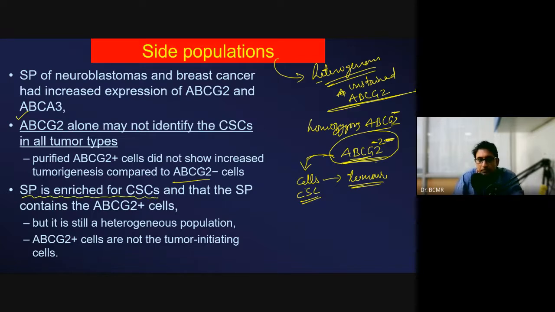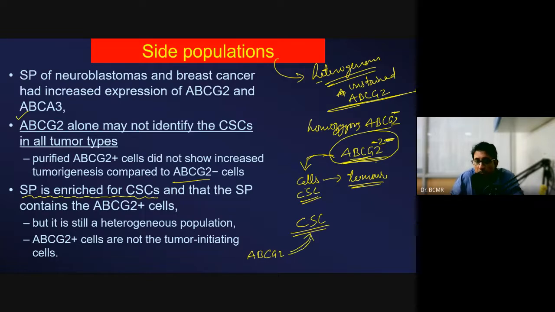Why we are discussing this is the way we can deduce a function. How do we relate a function with a gene? Here we are talking about a cell being a cancer stem cell. The indication we have at the genetic level is ABCG2. Is there any relation?